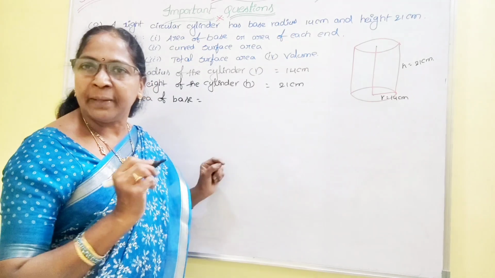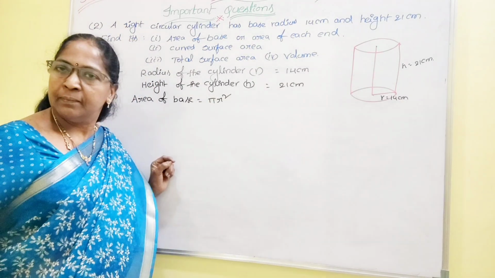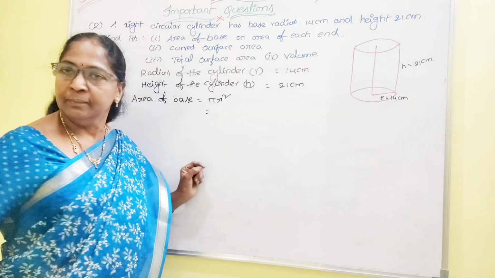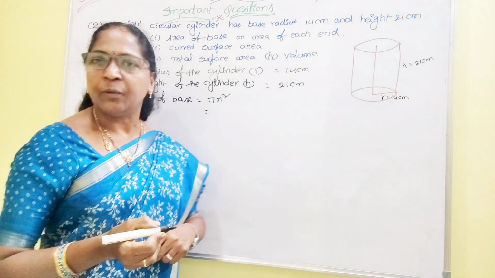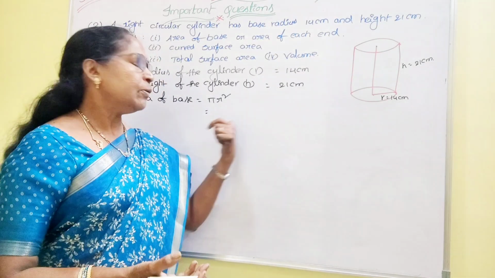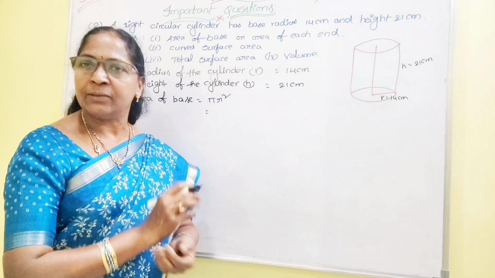Pi r square is the formula. Now what's the value of pi? 22 by 7. Don't write 3.14. Why? Because with 22 by 7, if any calculations are there, you can simply cancel the terms, multiply and find the value.